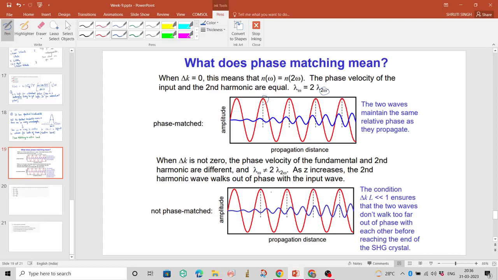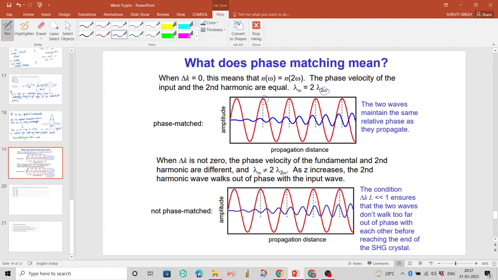But when the phases are not matched, and when the delta k is not 0, that is the phase of this minus the phase of this, the difference in the phases is not 0, then the physical situation is like this. So you see the maximum of this is matching with the minima of this. Here it is matching somewhere else. Here maximum of this is matching nearly to the maximum of this, and here also to the maxima.